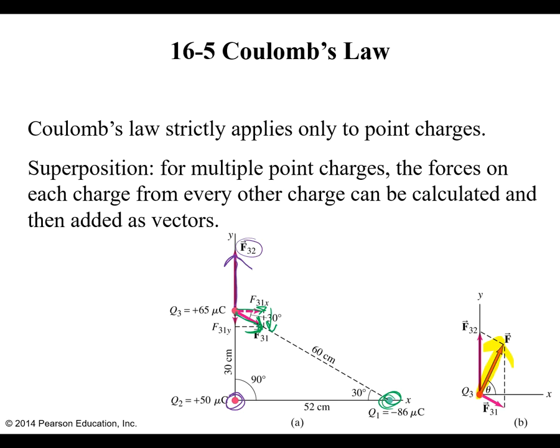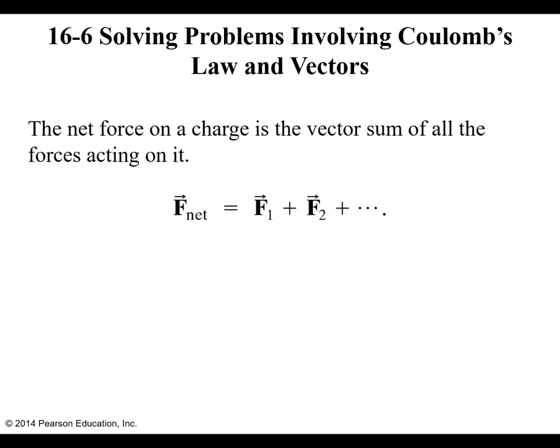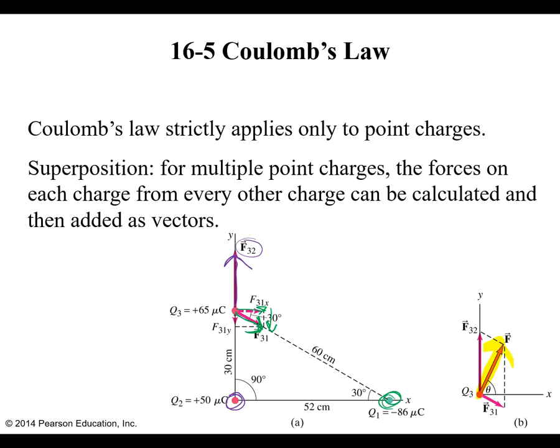And that is our vector sum of the 2 forces. Any net force on a charge is going to be the vector sum of all the individual forces acting on it. If we had 10 charges around charge 3, we could still find the total force on Q3 by adding up the force of all 10 charges on Q3.